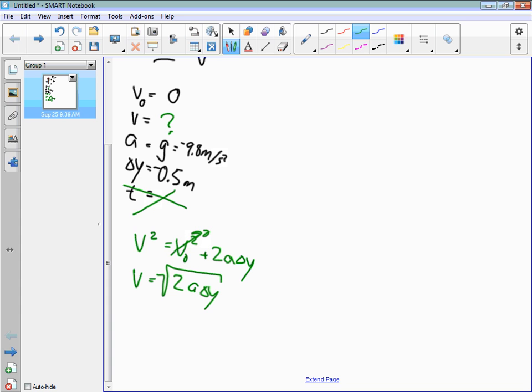I plugged in the information I'm given, and that is going to be square root of 2 times negative 9.8 meters per second squared times negative 0.5 meters.